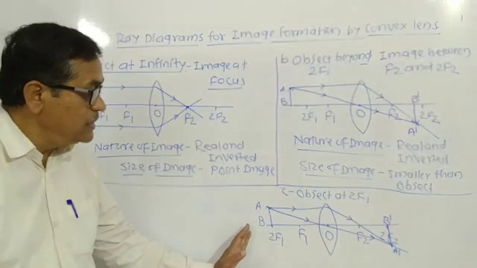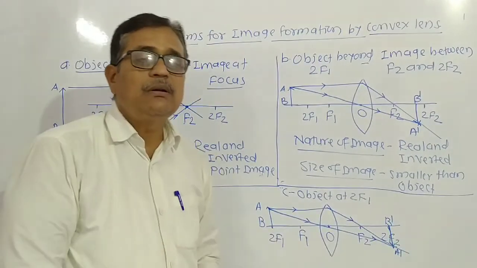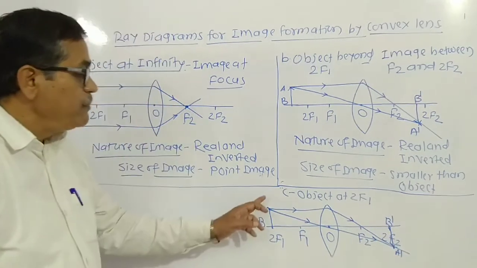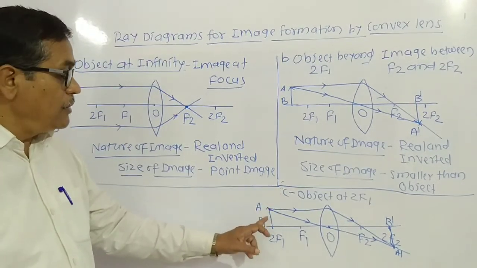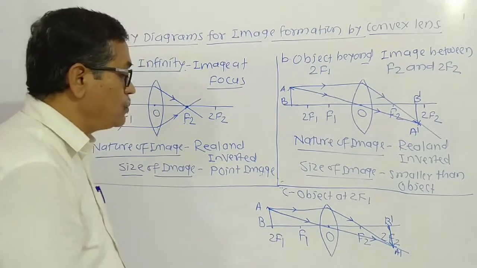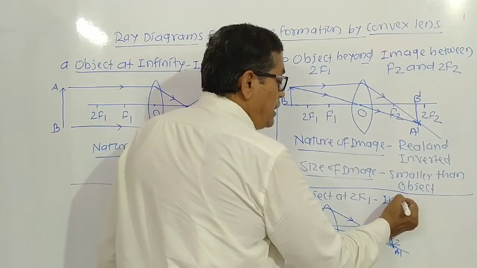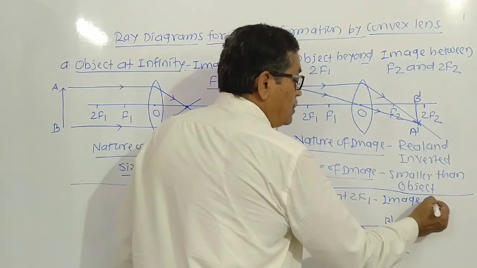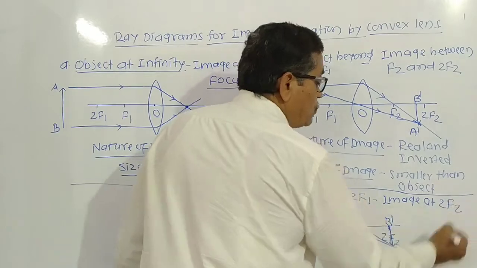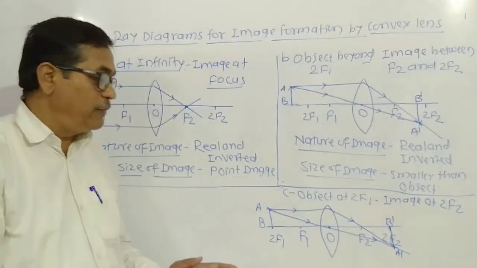Dear student, look here, the object is close to the lens, the image is away from the lens. In the third ray diagram, object at 2F1, image at 2F2.